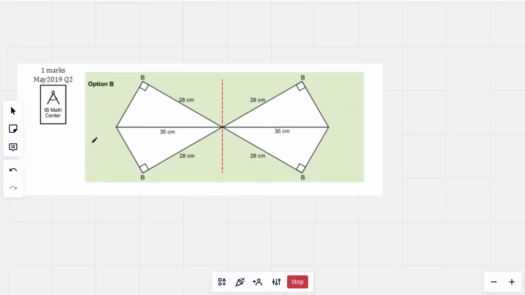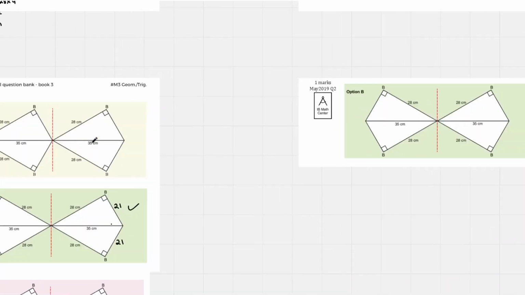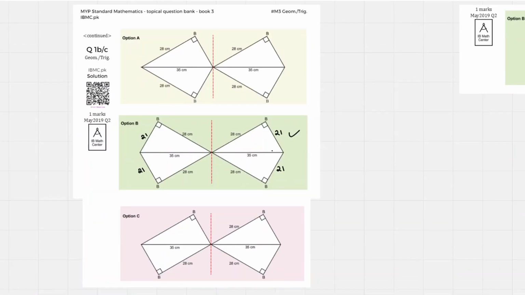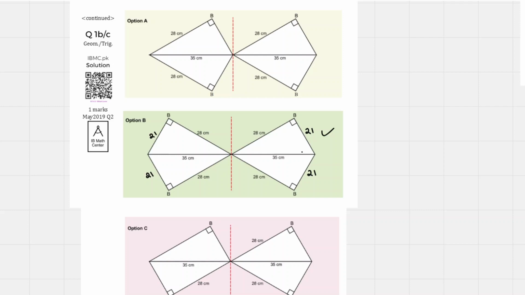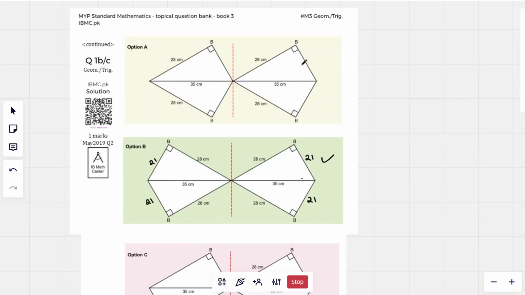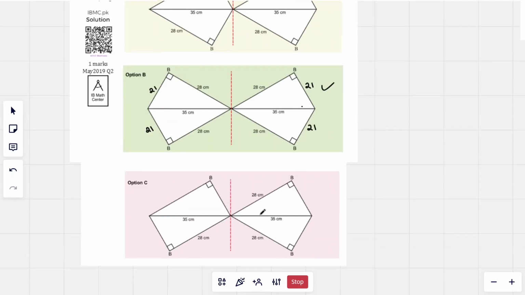And we are given 3 options. Option A, the figure is being translated. It's not being reflected. Option C, the upper triangle is translated, the lower triangle is reflected. So that's a combination. This is being translated while this is reflected.